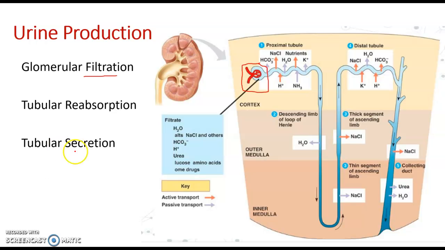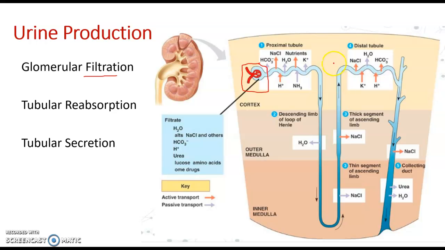So now we have our filtrate that has accumulated into the tubule, and it's going to start to descend through that loop of the nephron. It's going to first go down the descending loop of the nephron, and then up the ascending loop of the nephron.